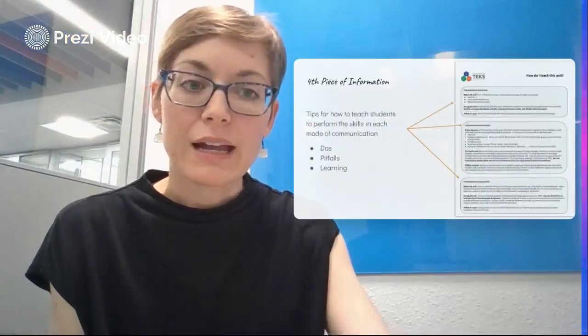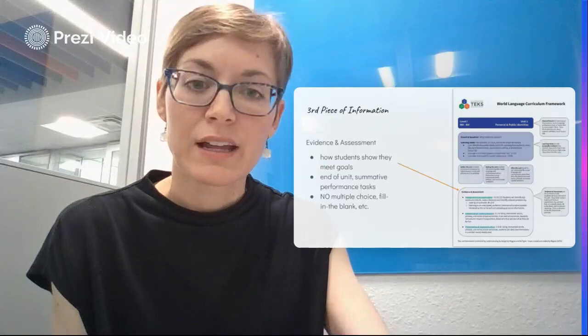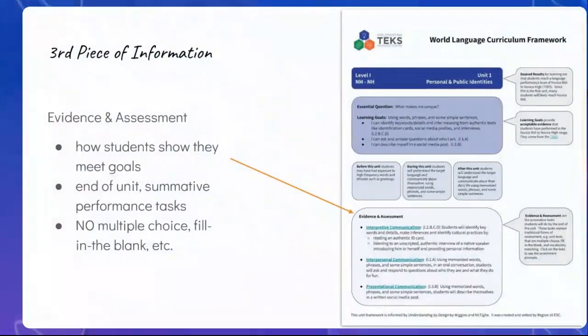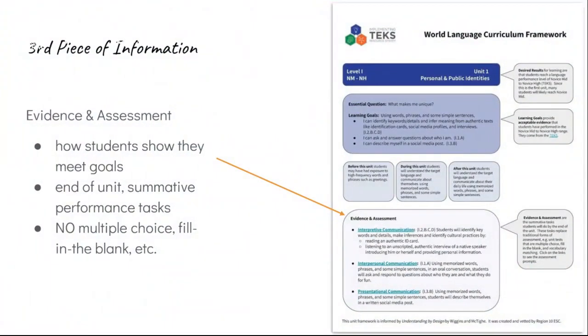If you look back at your unit, your learning goals, there's not a single learning goal on there that mentions vocabulary words or grammar structures. The goals are always for kids to communicate and, in the interpretive mode, to read or listen to, or for American Sign Language to have receptive expression, right?